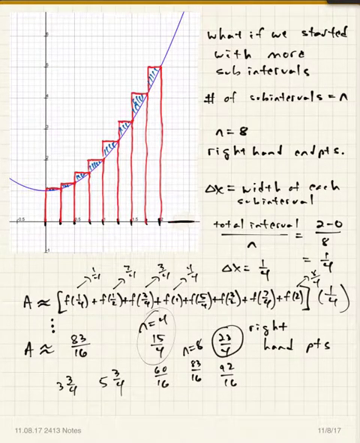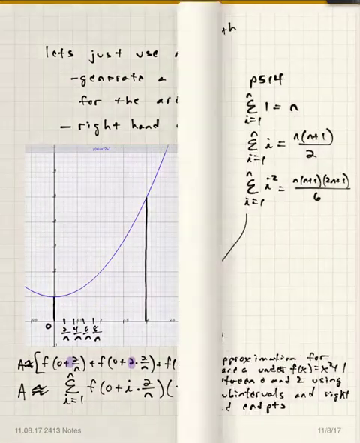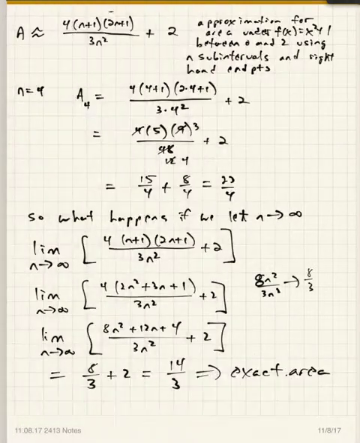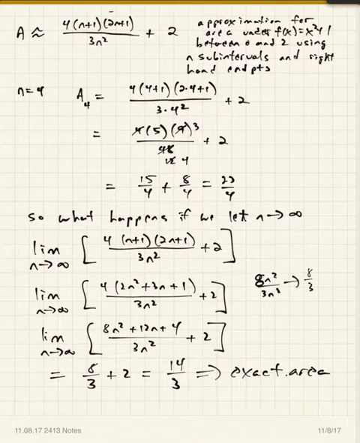So we got that the area had to be between 3 3/4 and 5 3/4. And notice that that's what we're getting here, is that this area is equal to 4 3/4. I'm sorry, 4 2/3. Right, and that 4 2/3 is between those two values right there. So this makes sense.